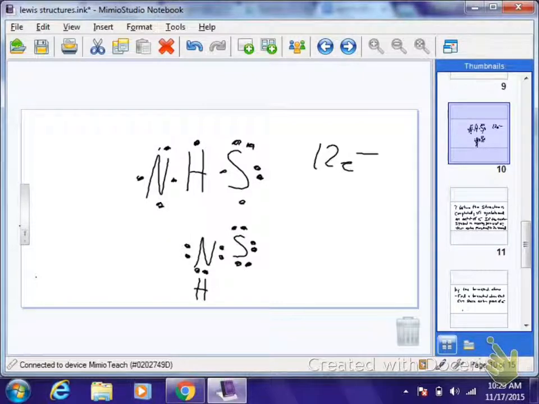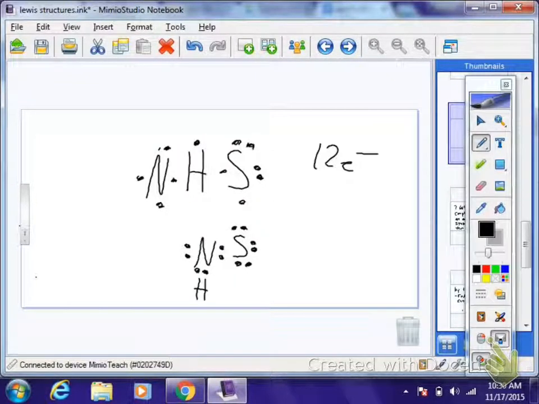So where's the extra pair come from? S. Now look at group 16. S, can it form a double bond? Yep, they can form a double bond. So what we'll do is get rid of one of these unshared pairs of electrons outside, and then we're going to share it in between.